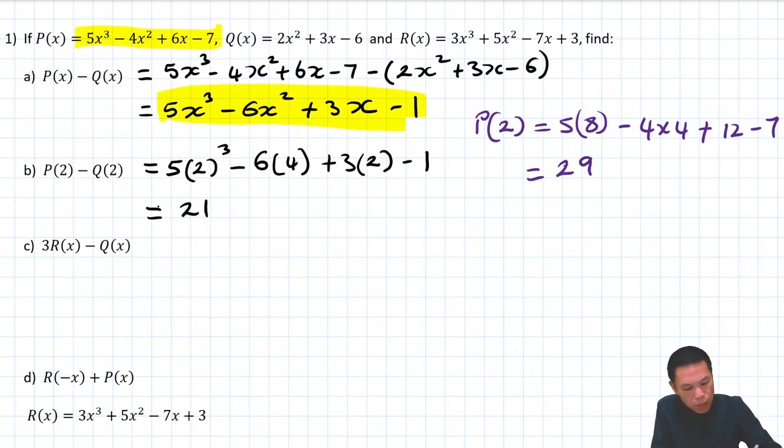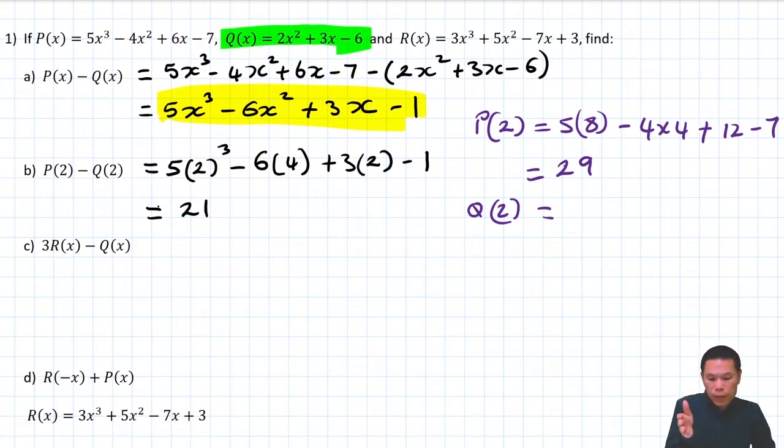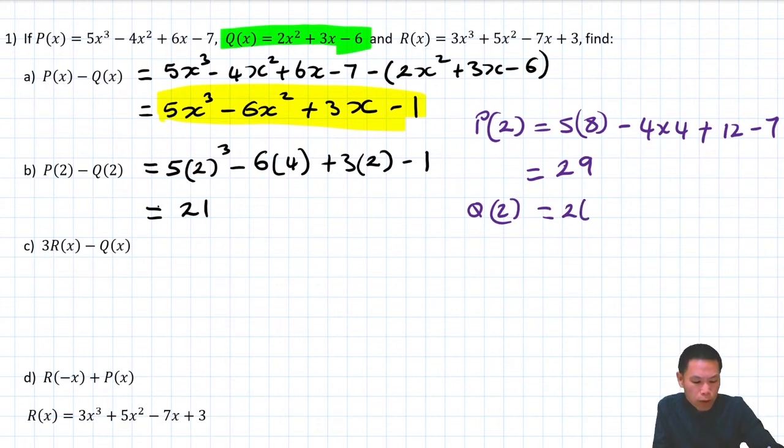And then we'll work out q of 2. Okay, q of 2. So q is this function here. Every time we see x, we replace it with 2, okay? So that means 2 squared is 4. And then plus 2 times 3 is 6 minus 6. So that cancels out. So that gives me 8.